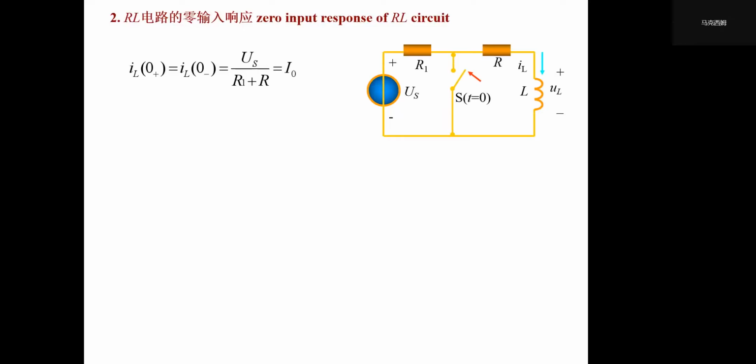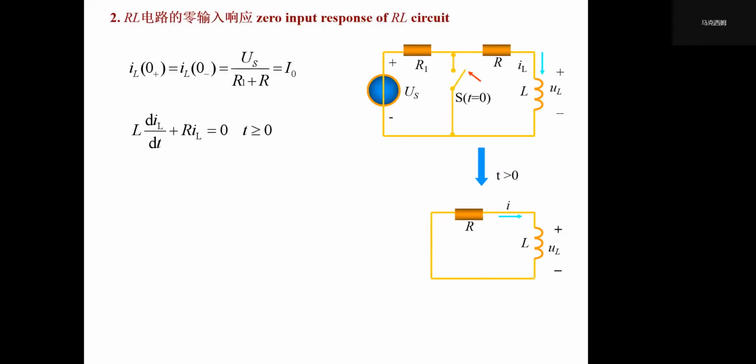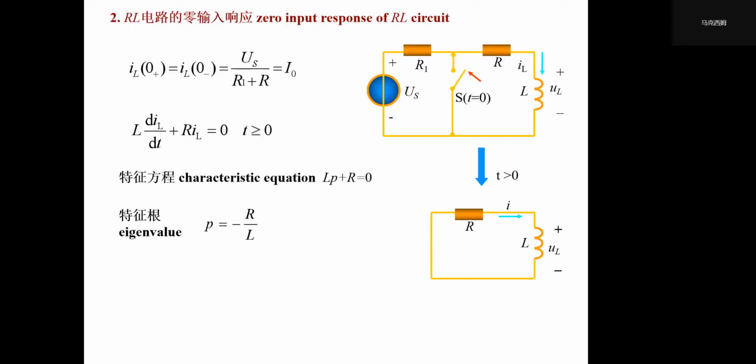Let's see. So we know we can list this like this using the VCR. From the first order differential equation knowledge we have learned from calculus, we know that this characteristic equation could look like this, and the eigenvalue will be p equals negative R over L. So we can write the corresponding i_L like this.